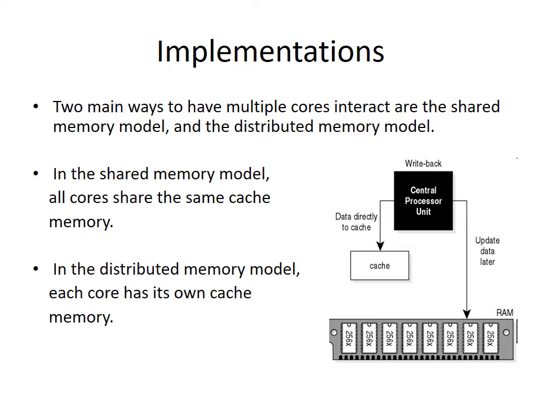Implementations of multi-core. Two main ways to have multiple cores interact are the shared memory model and the distributed memory model. In the shared memory model, all cores share the same cache memory. In the distributed memory model, each core has its own cache memory.